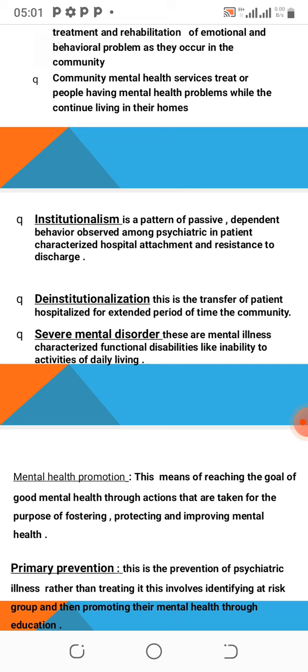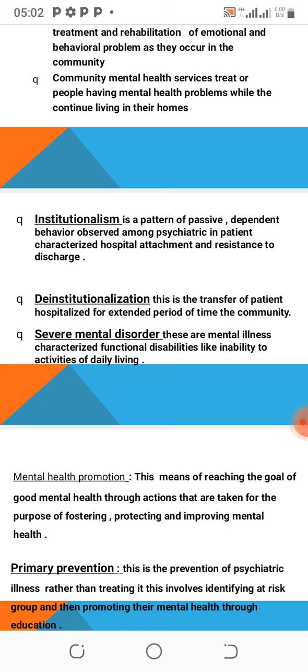Institutionalism. So institutionalism is a pattern of passive, dependent behavior observed among psychiatric inpatients, characterized by hospital attachment and resistance to discharge.